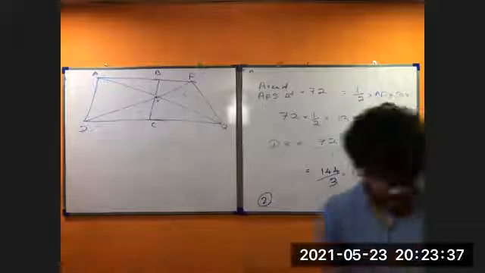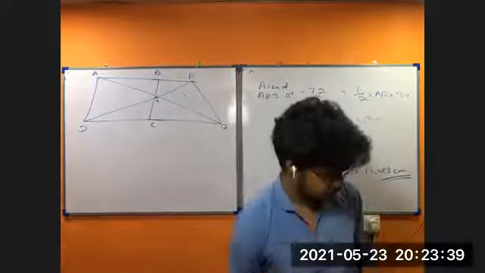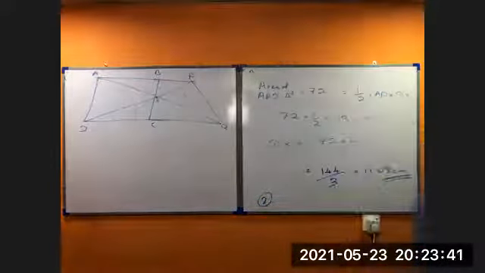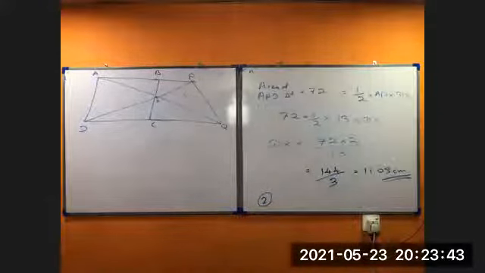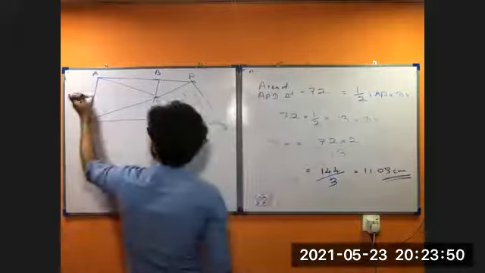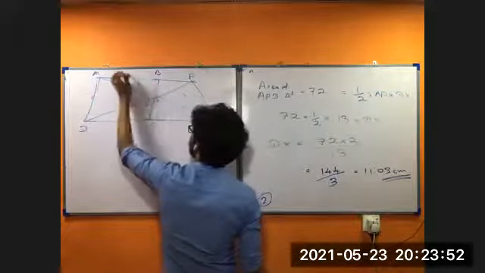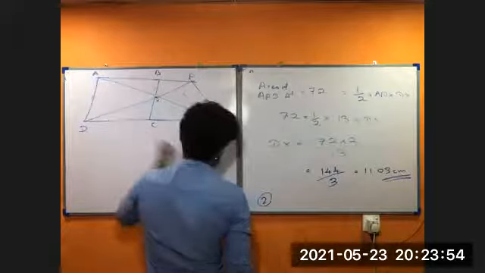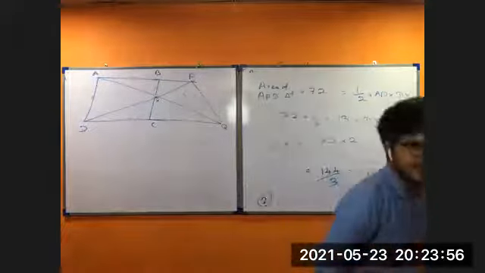Okay, we got 2 yeses, 2 dones. So one thing we know is, what do we know? This is parallel to this, and this is parallel to this, but we don't know anything else.